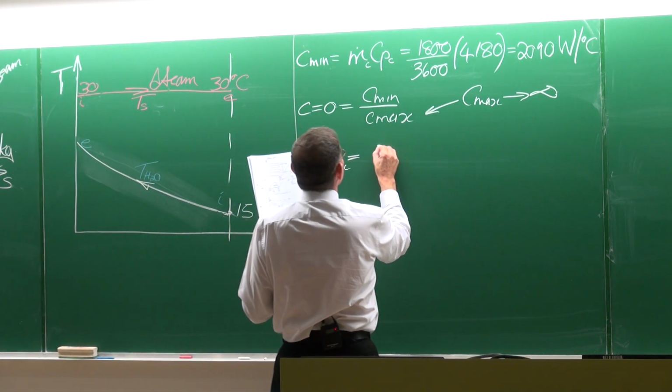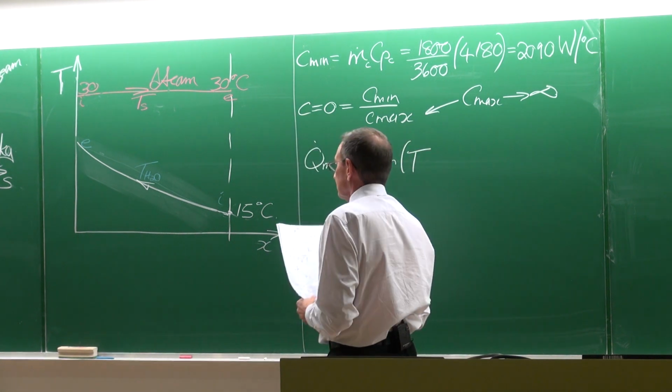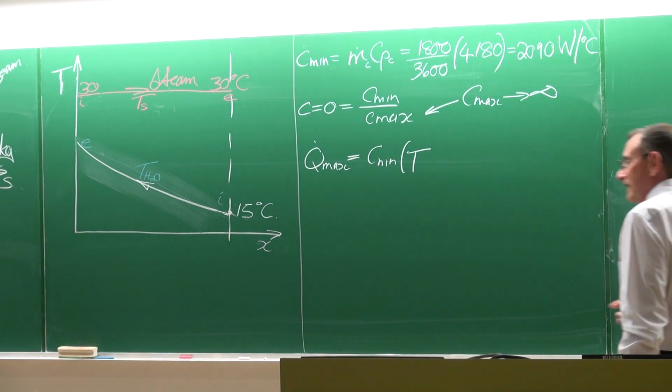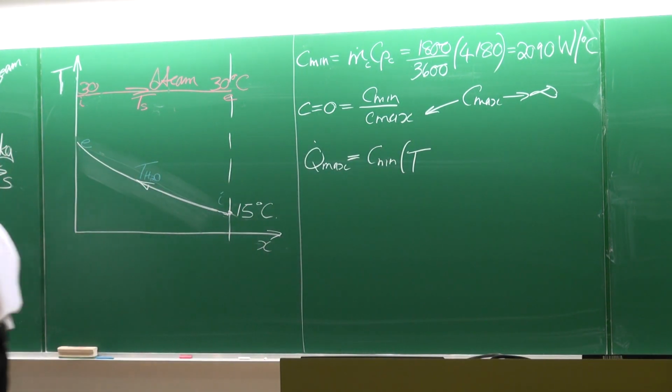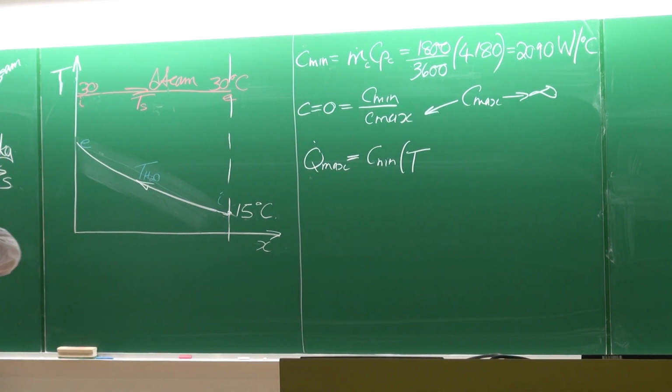And it has been derived previously for the effectiveness-NTU method that Qmax is equal to C minimum multiplied by, okay, now you have to look here very carefully. Qmax is the maximum possible heat transfer that the heat exchanger can give you. What will that be?